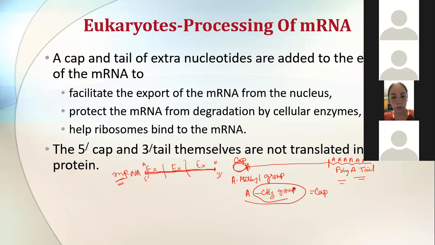Okay, and these two steps, RNA splicing and addition of cap and tail, are a special procedure for the eukaryotic chromosome, and it is called RNA processing, which occurs only for the eukaryotic chromosome.